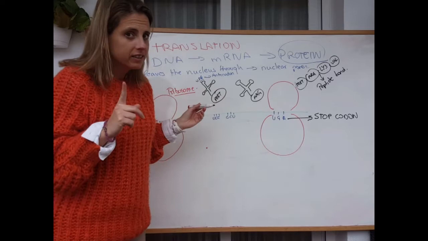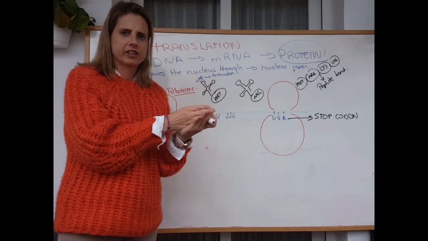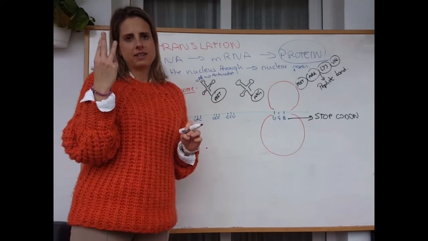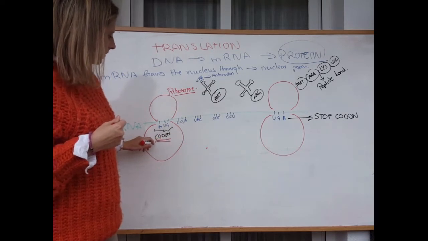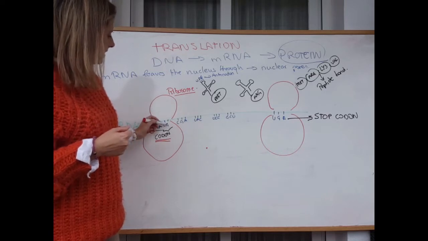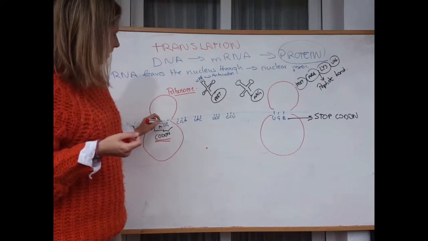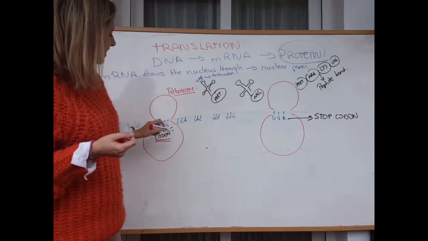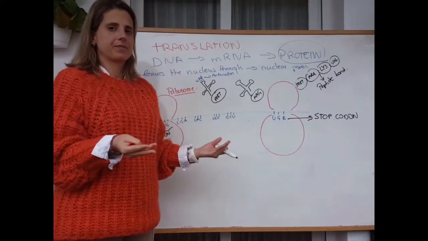Until it finds a code that says, okay, translation starts here. Which code is this? It's going to be 3 nitrogenous bases, and those 3 nitrogenous bases we're going to call a codon. So when the ribosome finds this codon, AUG, translation is going to start.